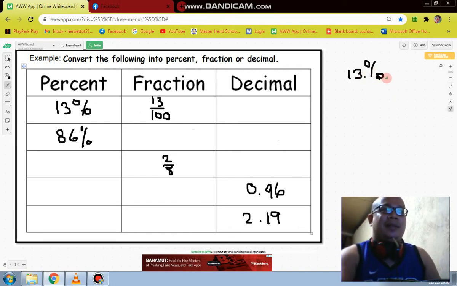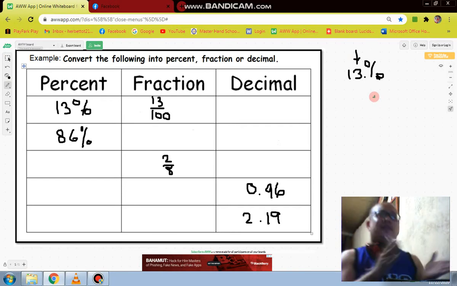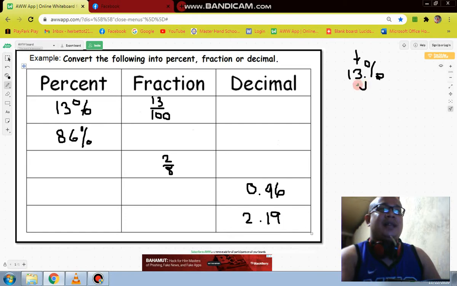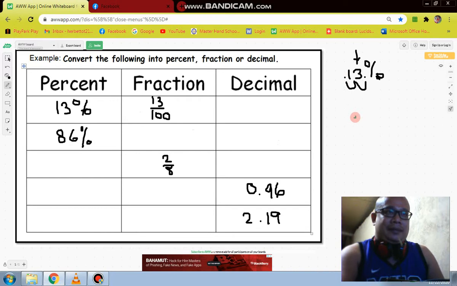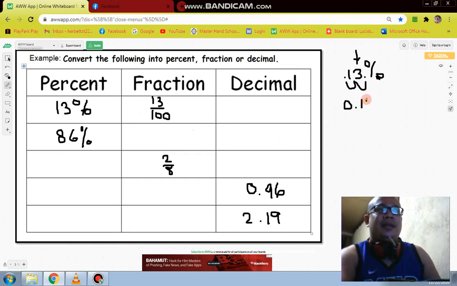It is after the ones place because it is a whole number. Let's move the decimal point twice to the left: 1, 2. That is our new decimal point. Rewriting the decimal, it's 0.13, or 13 hundredths.